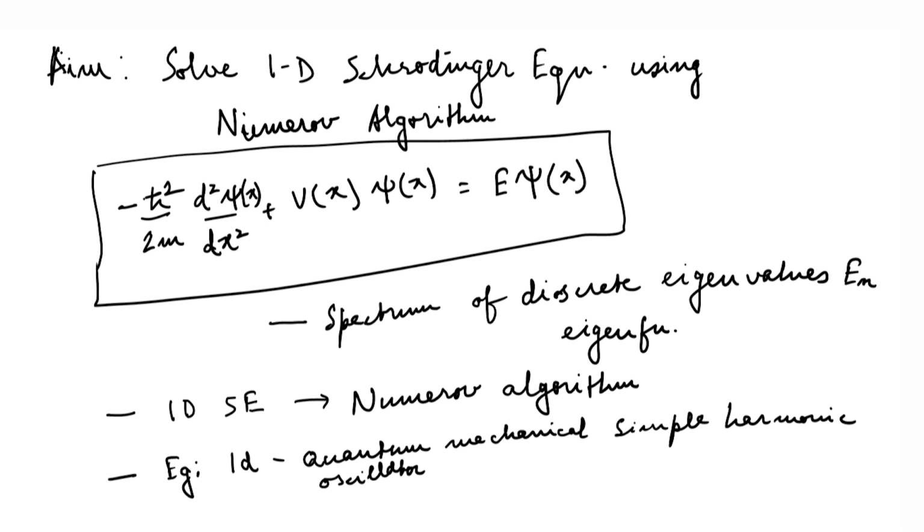But before we talk about the Numerov algorithm and take a practical example to apply it, I would like to discuss the additional problems one typically faces when solving this type of second order differential equation, particularly in quantum mechanics.